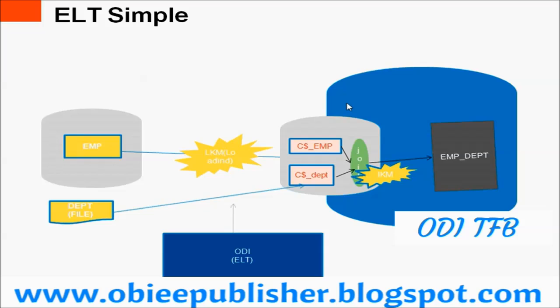To join and load into the target, it is one simple statement: insert into EMP_DPT select * from $EMP, $DPT where $EMP.DPT_NUMBER = $DP.DPT_NUMBER. A single SQL, and it will take the data from here and load it into this particular target table.